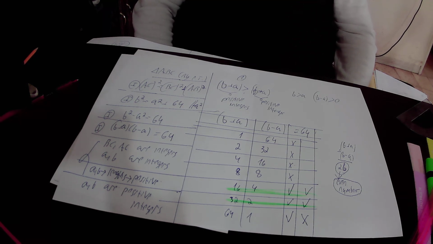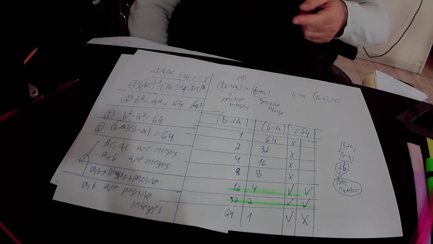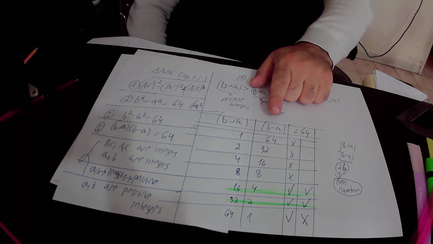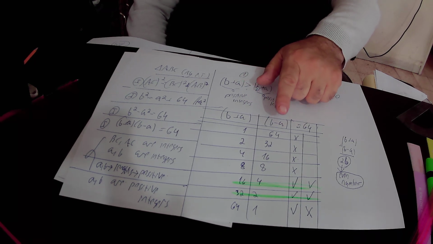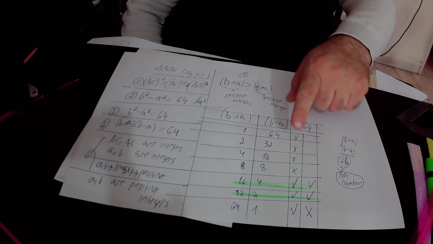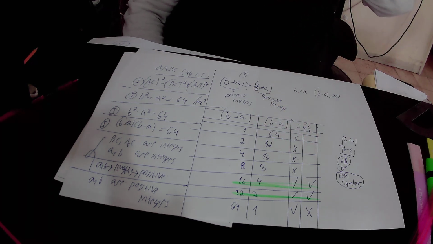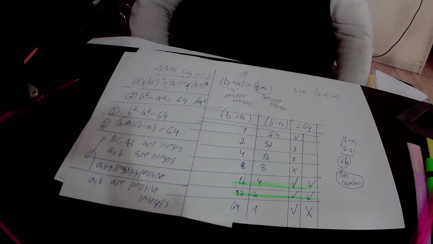But because B plus A is greater than B minus A, it means that the first column must be greater than the second column. 1 is not greater than 64, this is not a good option. 2 is not greater than 32, not a good option. 4 is not greater than 16, not a good option. 8 is not greater than 8, not a good option. 16 is greater than 4, a good option. 32 is greater than 2, a good option. And 64 is greater than 1, also a good option. So we have 3 good options for the solution to the question.